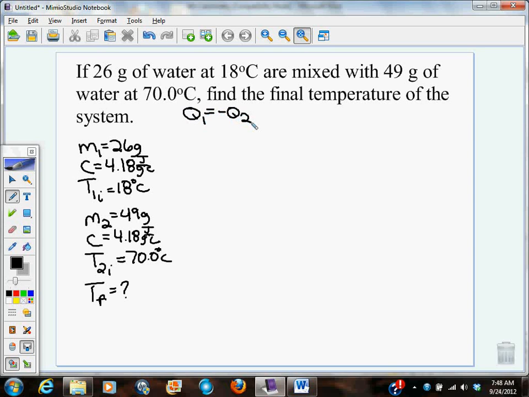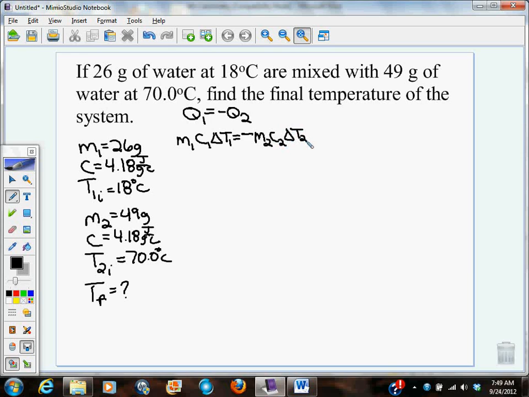So how do we write this out? Write it out as M1 C1 delta T1 is equal to the negative of M2 C2 delta T2.